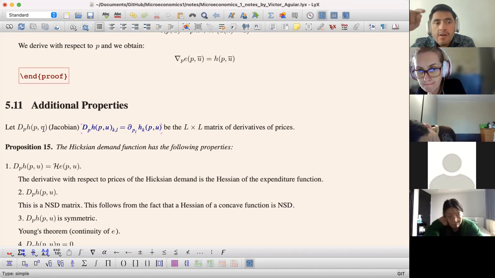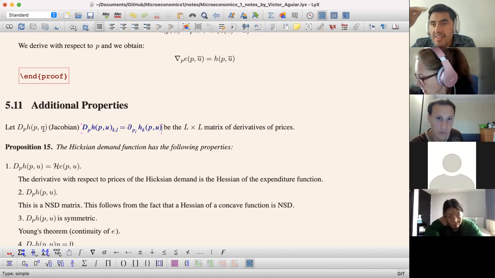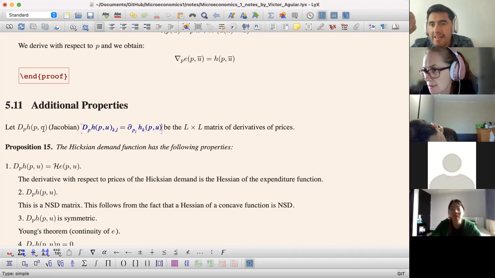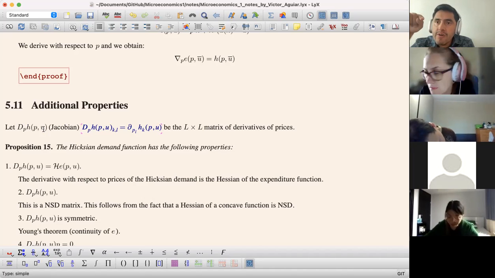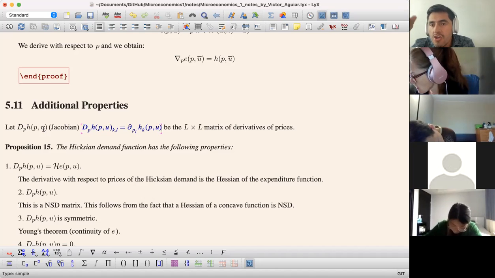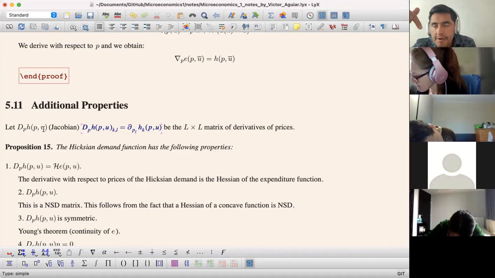And importantly, what is inside the main diagonal? The main diagonal is whenever K is equal to L. So what do you get there? It is the change in the Hicksian demand of good 1 with respect to the price of good 1, and in the second entry of the diagonal, the change of the Hicksian demand of good 2 with respect to price 2, and so on, down to the partial derivative of good L with respect to price L. So this is the own-price derivative.